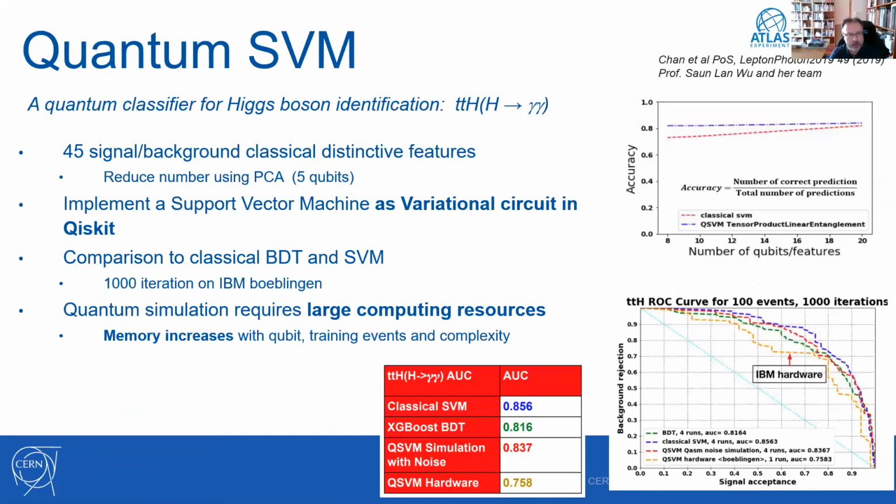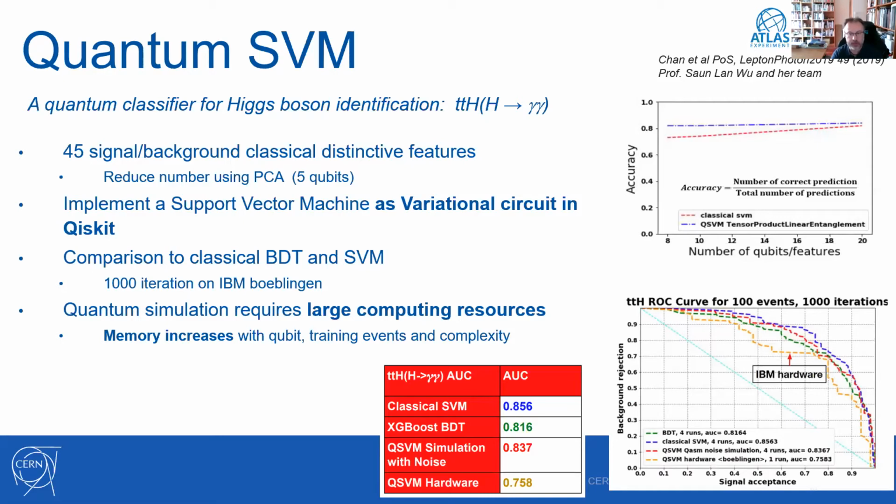And also, the third example is for classification. This is work that has been done by Professor Shaolan Wu as part of Atlas and the University of Wisconsin. And we have supported this project as openlab. It's about reproducing one of the channels of the Higgs boson decay.